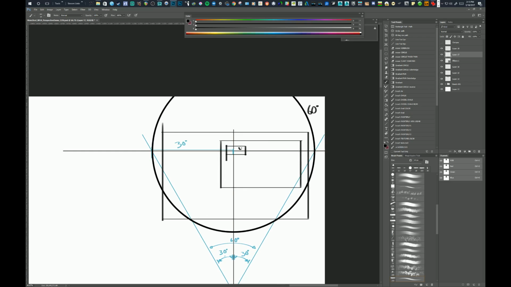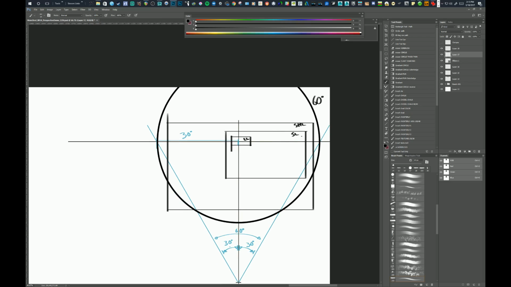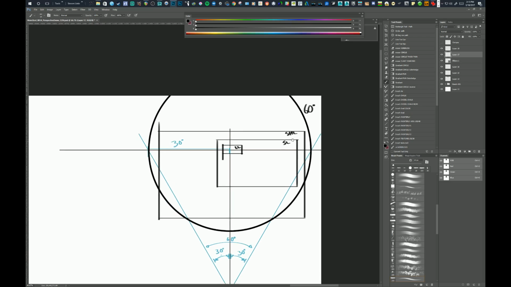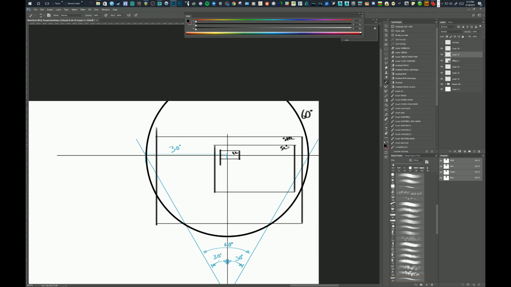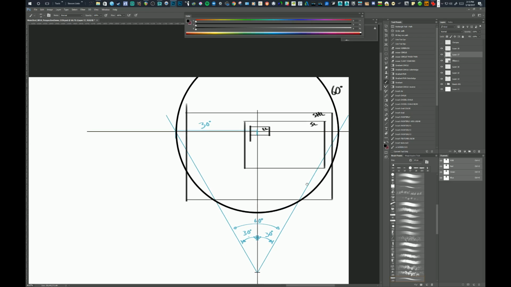So this would be a long lens, this would be a standard lens, and this would be a short lens, right? So long lens LL, short lens SL. Wait, why did I do that? Oh yeah, short lens, and then this is standard lens. All right, I hope that makes sense.